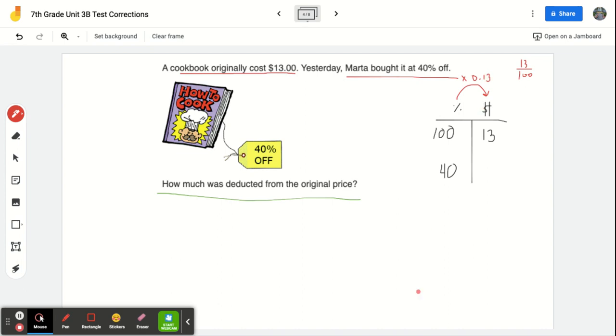So now I just take 40 and multiply it by that constant. And I got $5.20. So remember, this is the discount that you're getting. You're getting 40% off, or $5.20 off. Okay, they're not asking you what's the price after the discount. They're asking you how much is deducted. So this is your answer here.